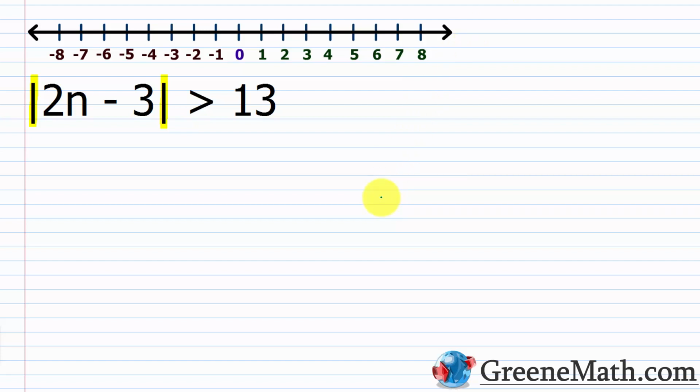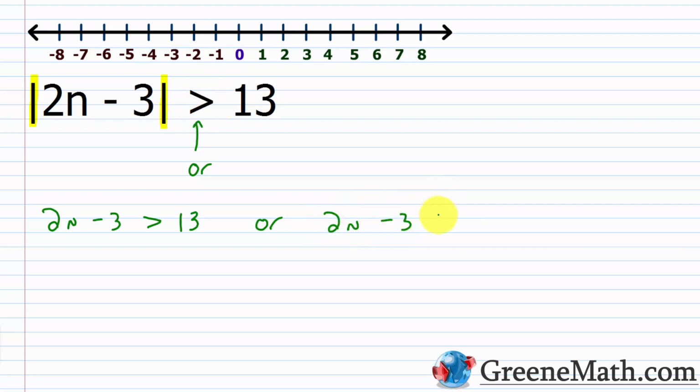In this case, it's a greater than. So with a greater than, we have or. All right, we set up a compound inequality with or. So the first one is remove the bars. So 2n minus 3 is greater than 13. Then or. The second one is remove the bars. So 2n minus 3.